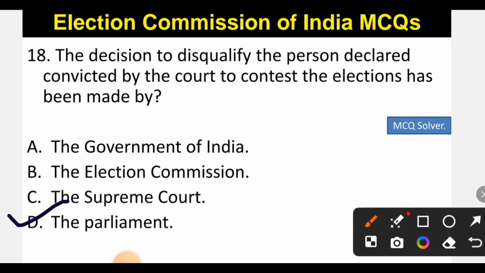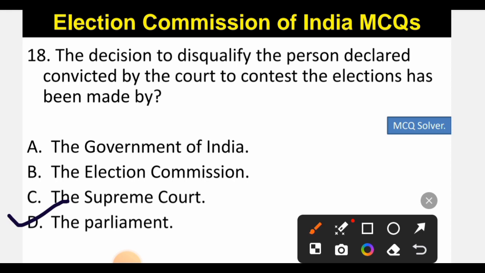In that act it is mentioned that if someone is convicted for more than 2 years by the court, he or she cannot contest the Lok Sabha election. So this act was made by the Parliament, and the correct option will be option D.